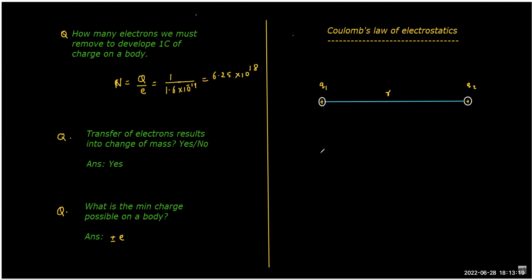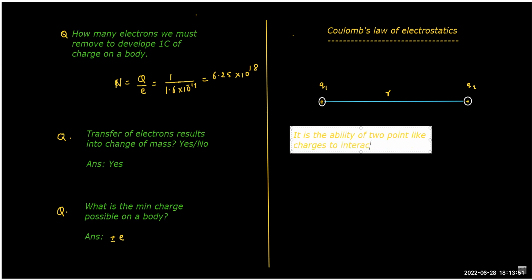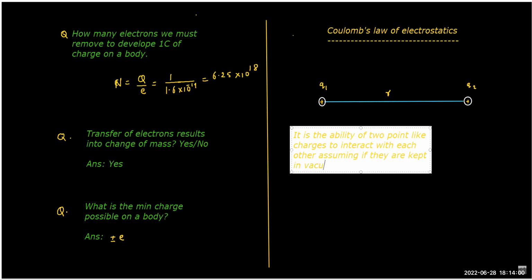We say that it is the ability of one charge to interact with another charge, assuming they are kept in vacuum, and both the charges must be point-like charges. This is the most basic assumption. If it is not a point-like charge, we cannot apply it. So let me put it into words: it is the ability of two point-like charges to interact with each other, assuming they are kept in vacuum.